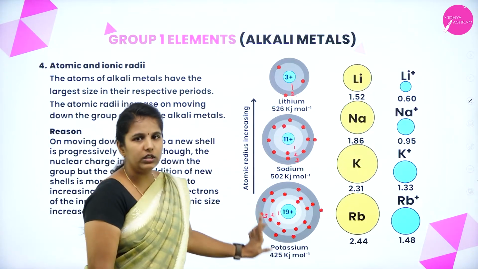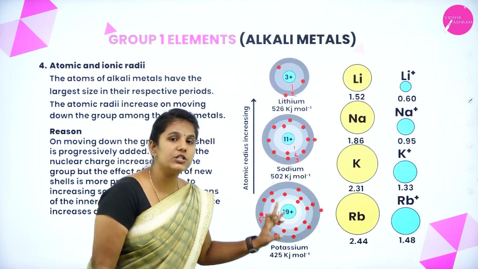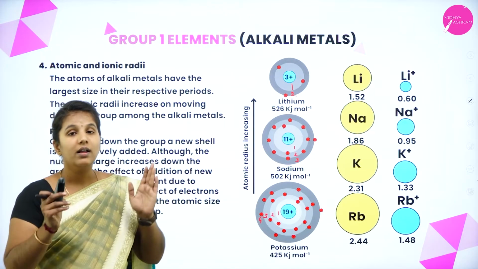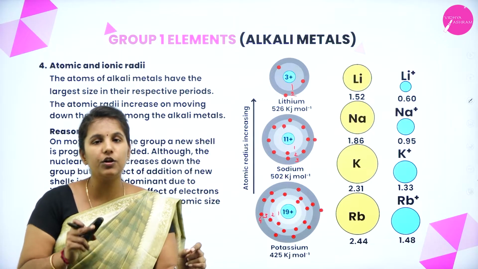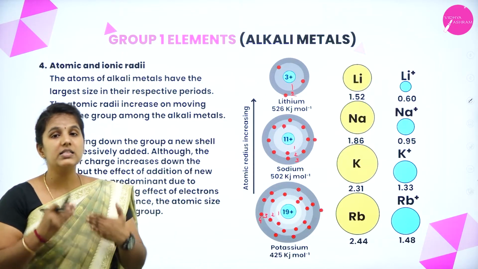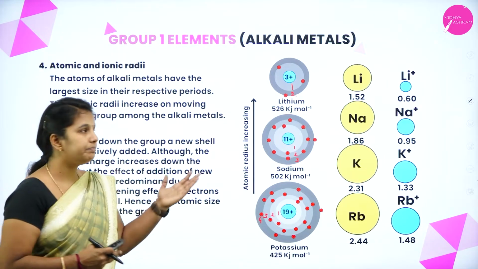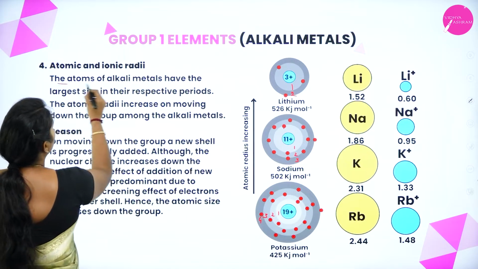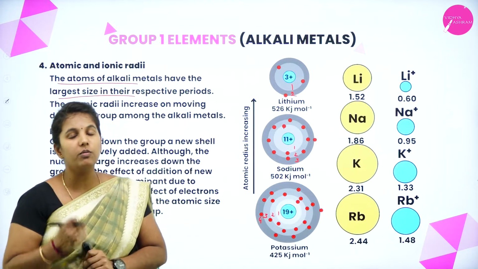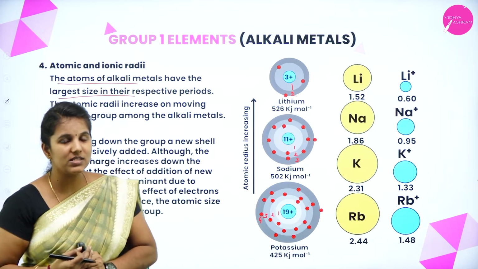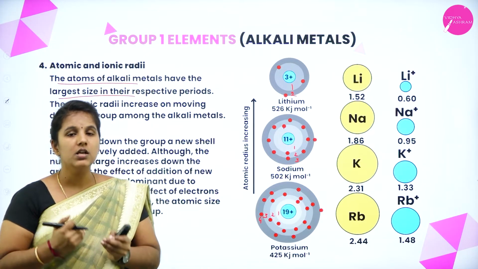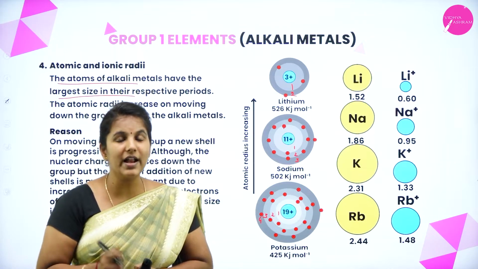As we move down the group, what will happen? The number of shells increases. As the number of shells increases, the distance from the center of the nucleus to the outermost shell also increases. That is why the atomic radius increases as we move down the group.